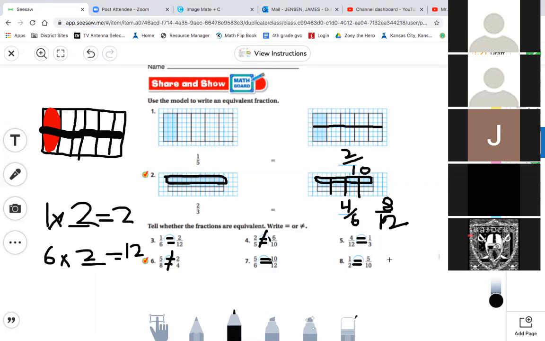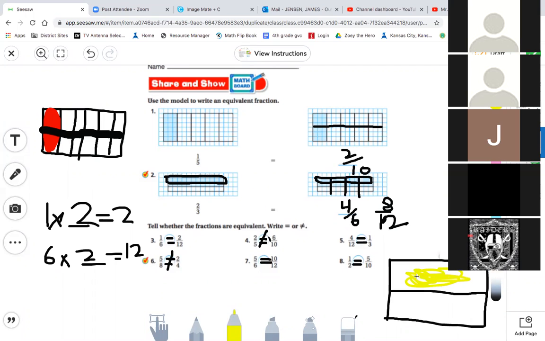All right. So what if you show this with the picture? Here's 1/2, right? Color it in. And then if you want to make it the tenths, you've got to multiply it by 5.